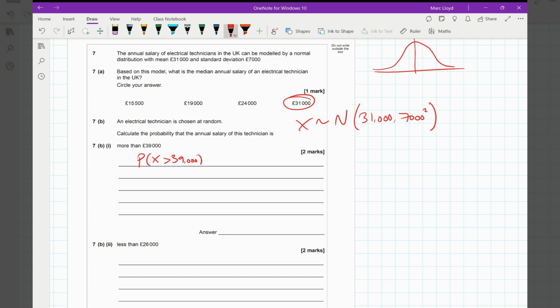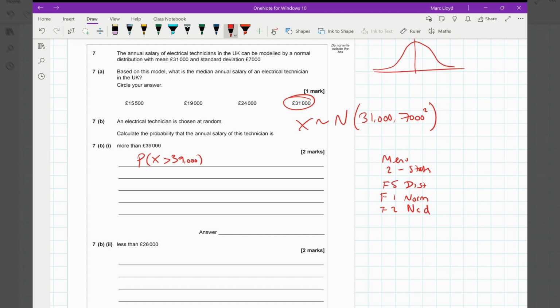So you're going to be in statistics mode for all of this. So go to menu, and then number 2 for stats. I then want you to hit F5 for your distribution, F1 for normal, and then you want F2, which is the NCD, the normal cumulative distribution.